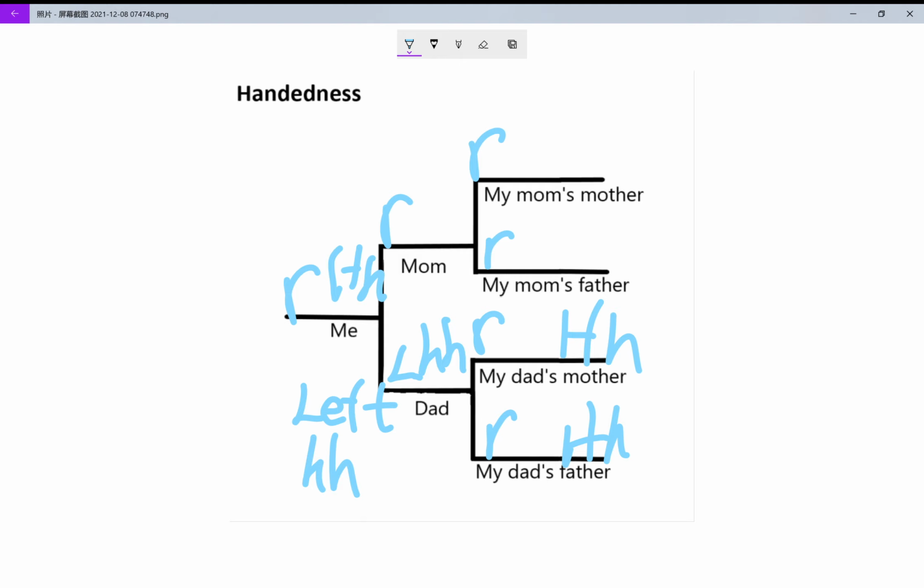So here, my dad's father's genotype should be 2 little letters. I use D here, 2 little d. Because my dad's father can only produce a recessive allele but my dad has a dominant trait, my dad's genotype should be a big D with a small d.